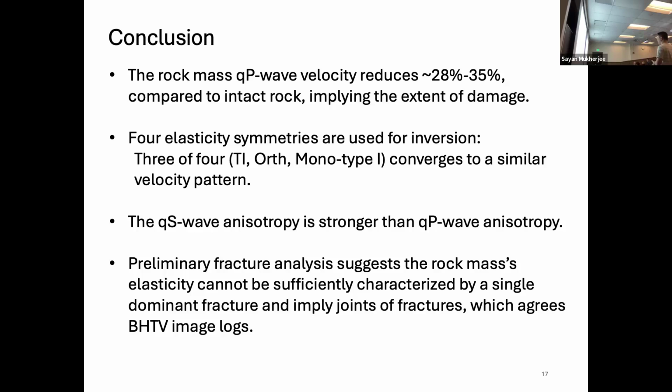What's the reason behind that? And some preliminary fracture analysis suggests the rock mass elasticity cannot be sufficiently characterized by a single dominant fracture set, and it implies the fractures appear as joints, which agrees with the image log. And that's pretty much it. I'm happy to take any questions.